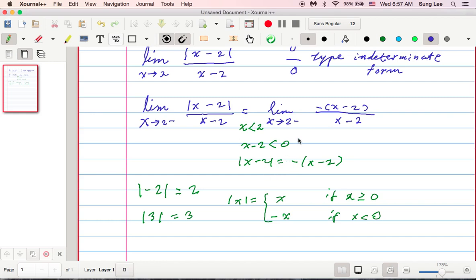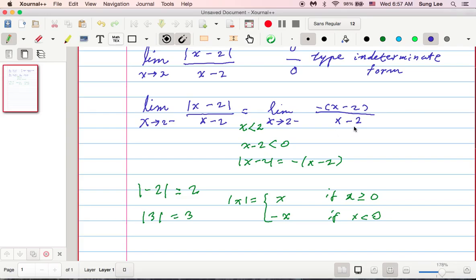Again, the analogy I used last time: just imagine a flying arrow heading toward a target. It gets closer and closer to the target, but it never reaches the target, okay? So x is never equal to 2. So x minus 2 is never equal to 0. As long as this is not equal to 0, we can divide, right?